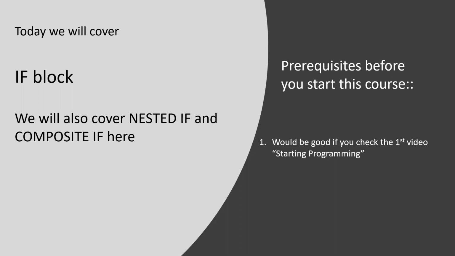But if you haven't checked the video, no issue. I will show everything. The second thing is time in hand. You have to practice all the exercises I will show today. You have to solve them by your own hand in your QBasic compiler. So without wasting time, let's quickly go into the problem.